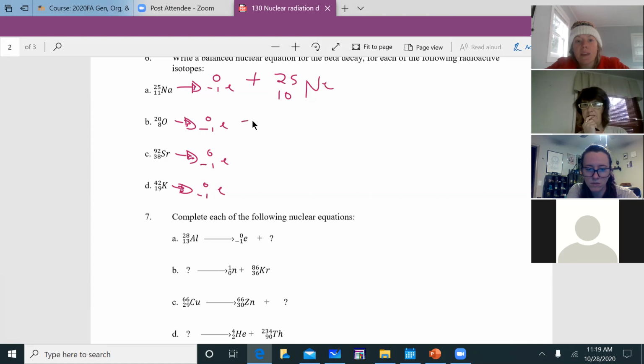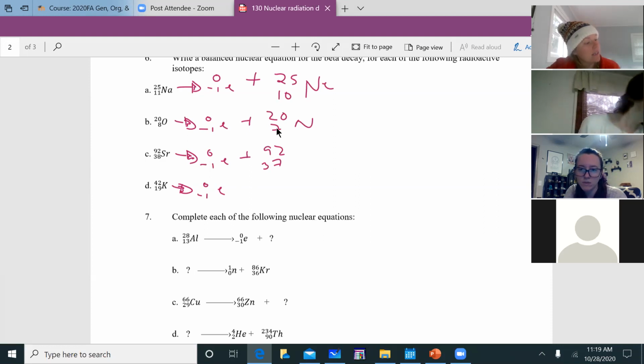All right, and then we do the same thing here. Top number stays the same, bottom number decreases by 1. 7, that's nitrogen? Yes. The 92 is going to stay on the top. 38 will become 37, and it's going to be rubidium.